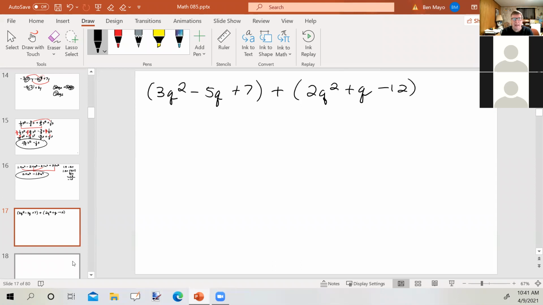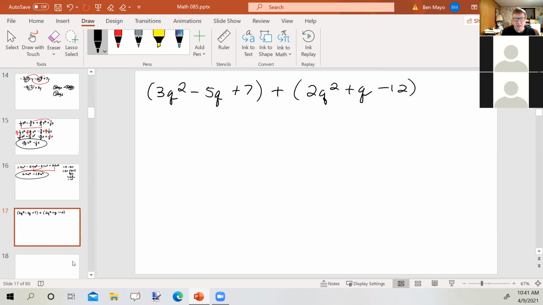In order to add or subtract polynomials, we have to get rid of grouping symbols that are grouping them together, okay? So that we can combine like terms. In other words, we can't just go in and say, well, let's put the 3q squared and the 2q squared together and make 5q squared. Sometimes that would work, but not always. So we need to get rid of the grouping symbols first.